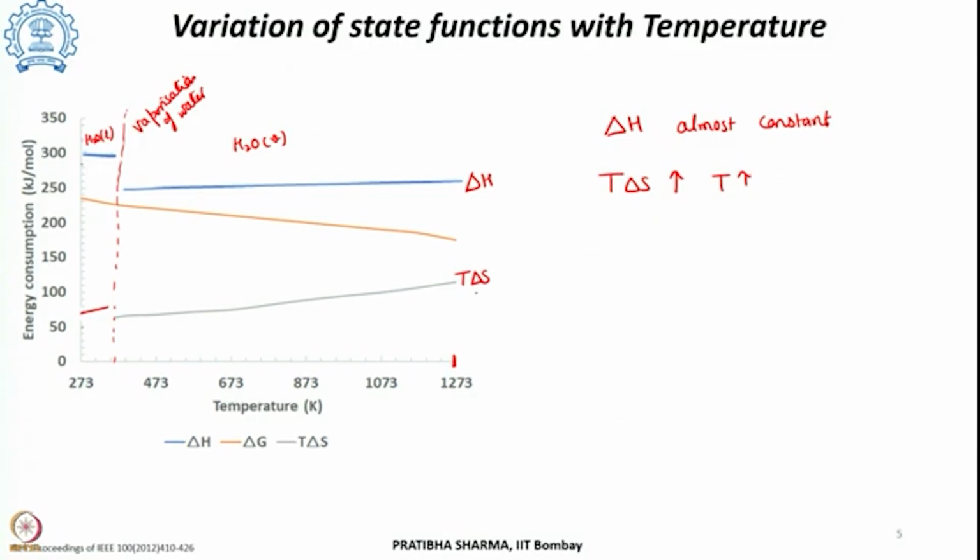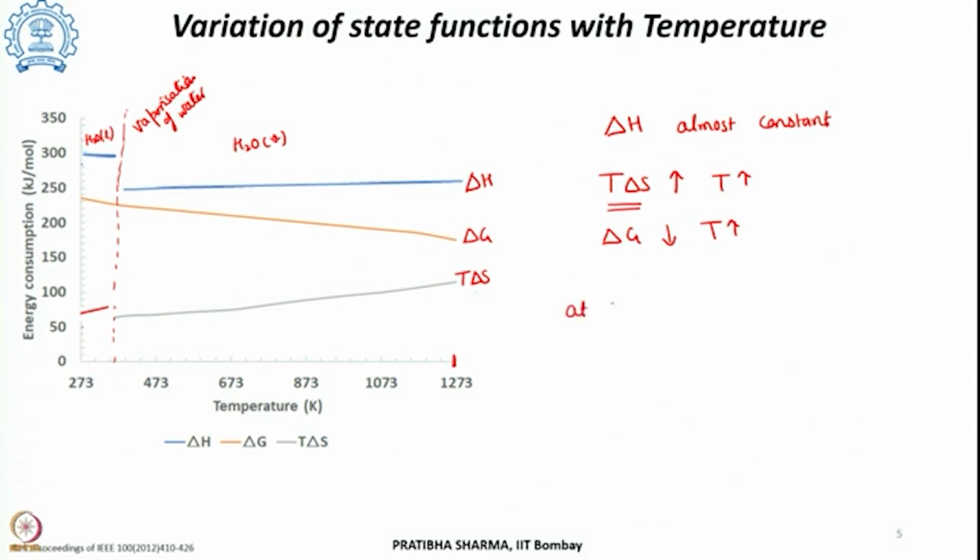The change in delta S is nominally small, but the product T delta S increases. At the same time, the value of delta G decreases as the temperature increases in the process.